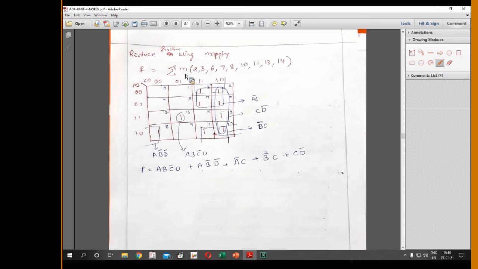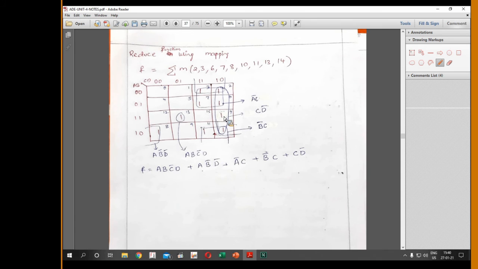So if it is in standard SOP, we have to map the functional values 1 in the corresponding cells of your K-map. Okay, so now in this K-map, 2, 3, 6, 7, 8, 10, 11, 13, 14 are given. So we mapped on the corresponding cells 2, 3, 6, 7, 8, 10, 11, 13, and 14.